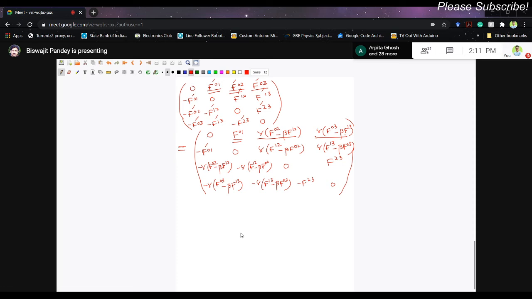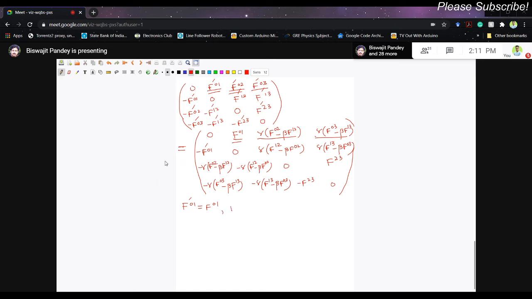I mean, whether that matches with your previous result, which you have derived from the Lorentz transformation of 4 force. Okay, let me just write it down so that it will be simplified. So I'm writing them. It is straightforward, f01 prime equal to f01.